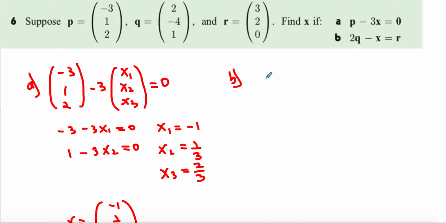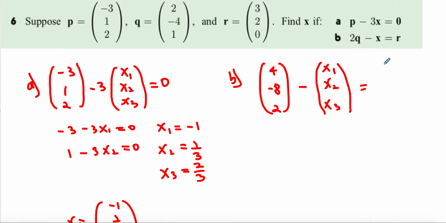2q. So 2 times of that, I'm just going to multiply that right away. So we get 4, -8, and then 2. So 2q minus x. So we get x of 1, x of 2, x of 3 is equal to r, which is 3, 2, 0.